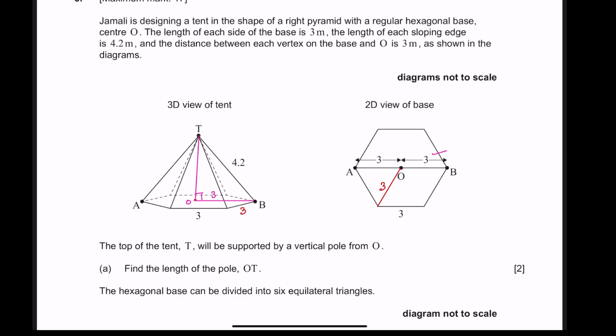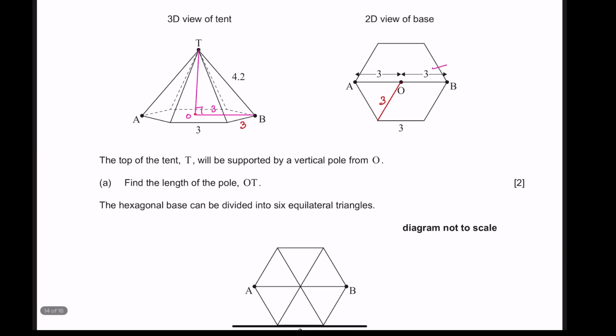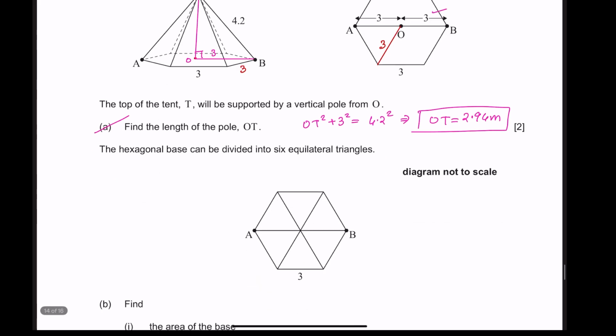This is 90 degrees. And then we have to find OT. For OT, we can just use the Pythagoras theorem because it's a right angle triangle. So OT squared plus 3 squared will be equal to 4.2 squared. So from here, OT will be equal to 2.94 meters. That's the answer to part A.